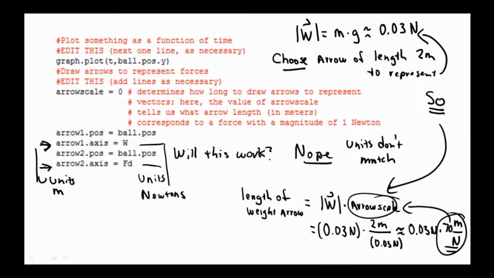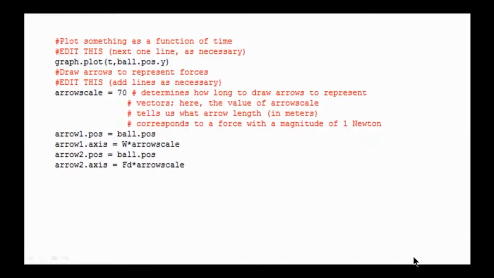Now that means we can set the attribute arrow1.axis, which tells us how to draw the arrow to represent the weight force, to the weight vector times this scale factor, and that will give us an arrow that both has the length we designed and points in the direction of the weight.